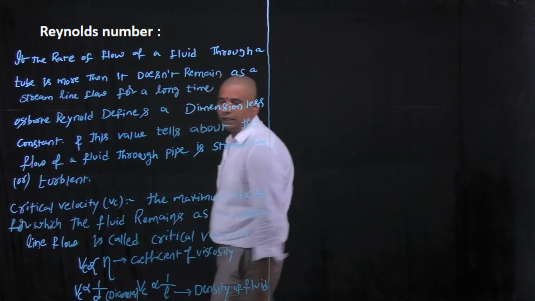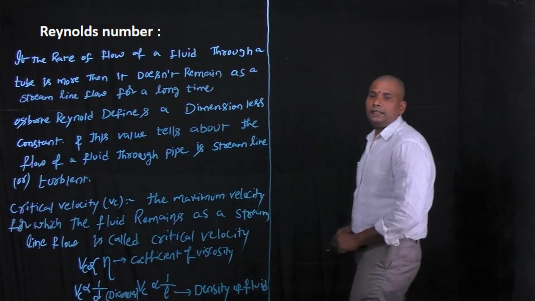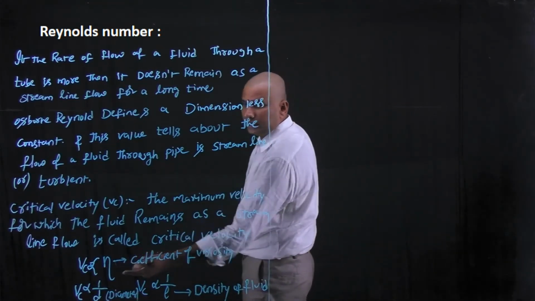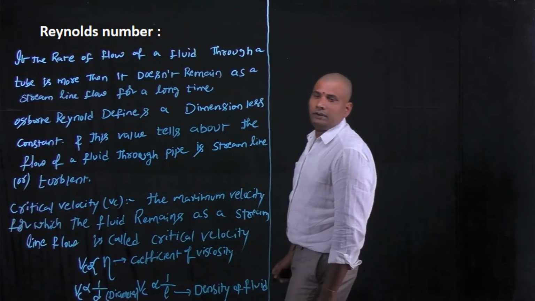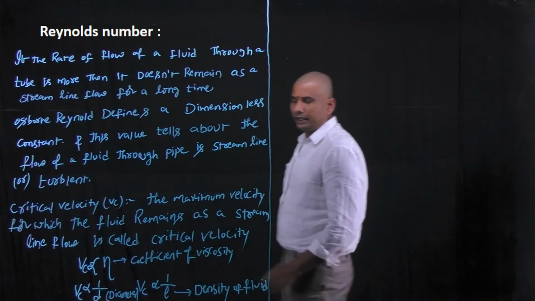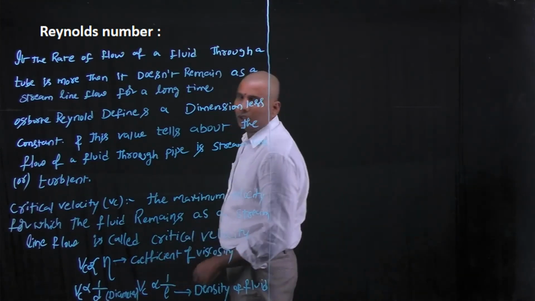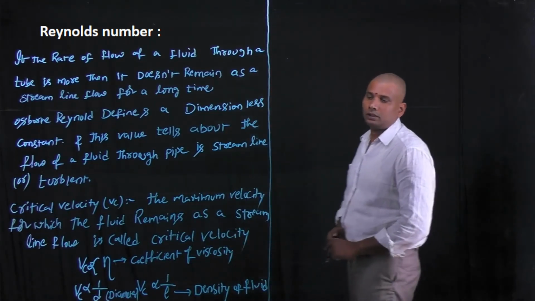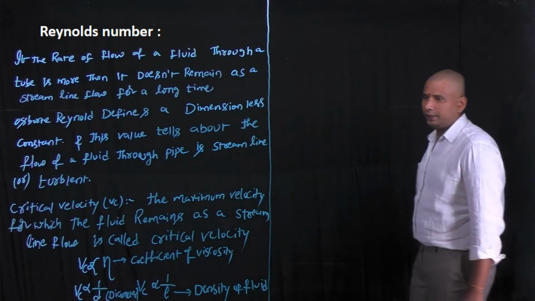The value of critical velocity depends upon these three parameters. The critical velocity is directly proportional to the coefficient of viscosity, inversely proportional to the diameter of the tube, and inversely proportional to the density of the fluid.